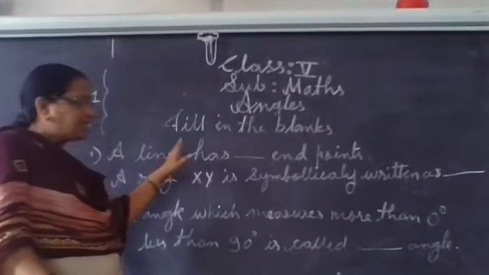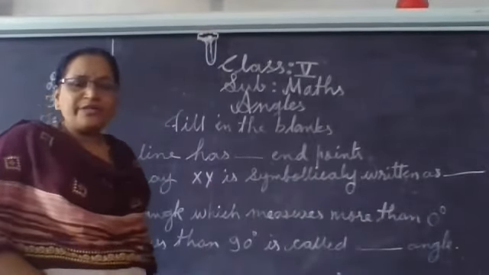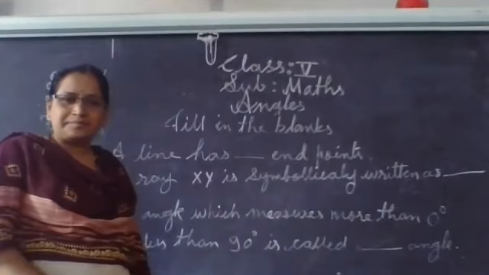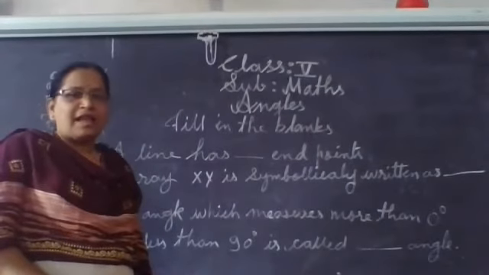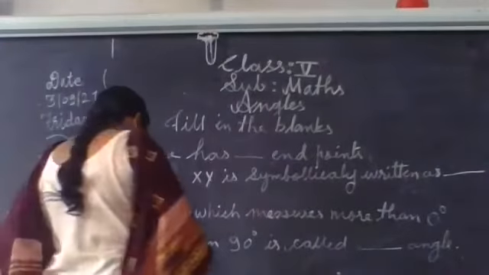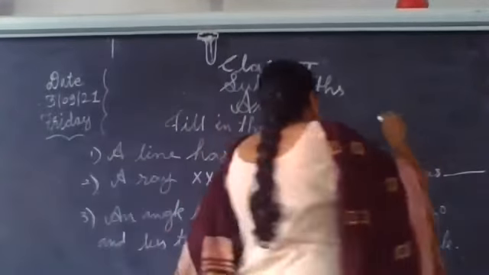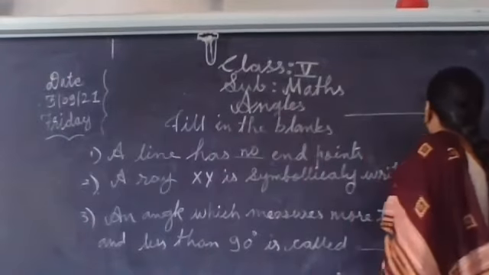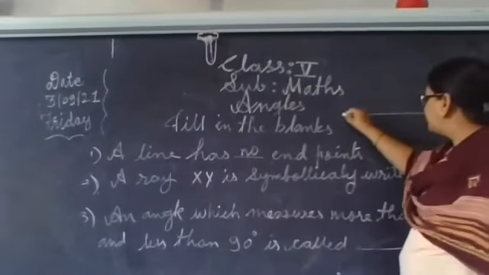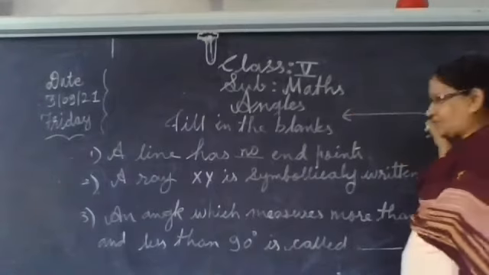A line has dash endpoints. So how many endpoints does a line have? A line has no endpoint. Children, we always show a line with two arrowheads at its ends.